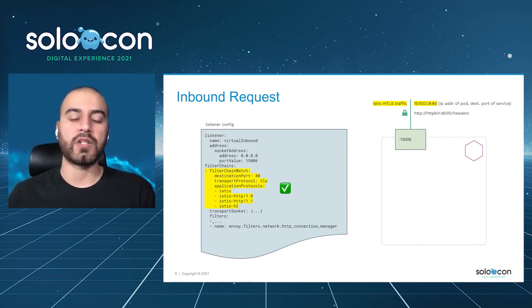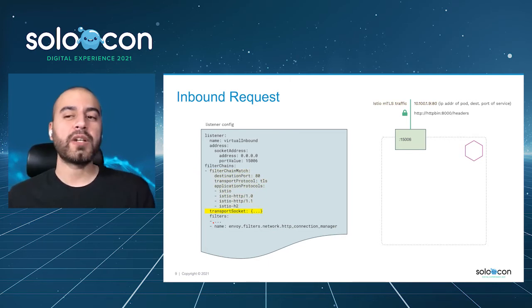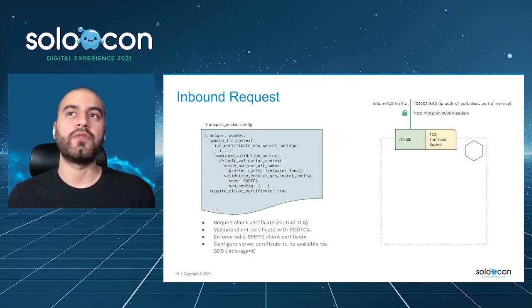Before we actually look at the filters, though, there's another component to this, which is called the transport socket. The transport socket is responsible for actually performing the SSL or TLS component of the connection, right? In this case, the transport socket config is also defined right alongside the filters.